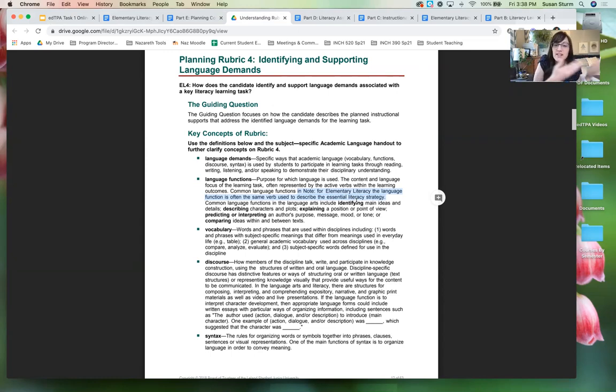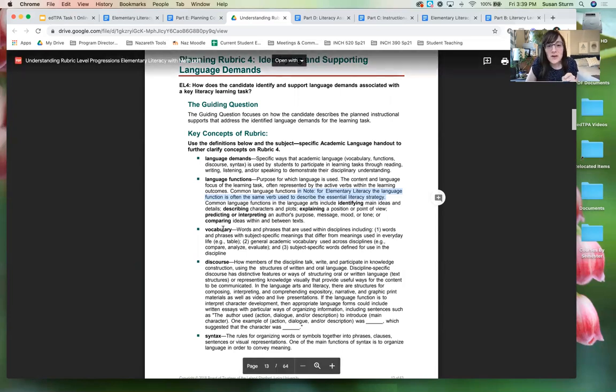So if you picked identifying the main idea, your language function is identifying. If you picked synthesizing, your language function is synthesizing. If you picked analyzing, your language function is analyzing. If you picked comparing and contrasting, your language function will be comparing and contrasting. So just use your essential literacy strategy.